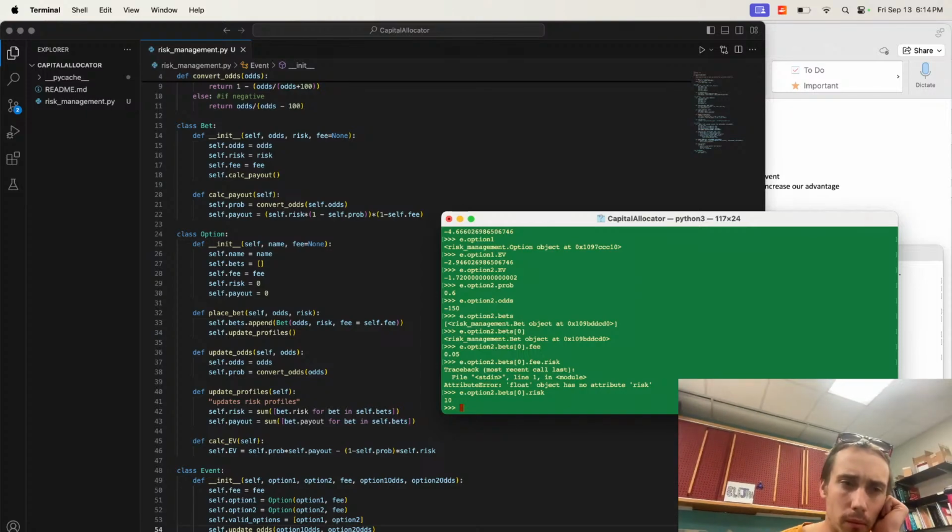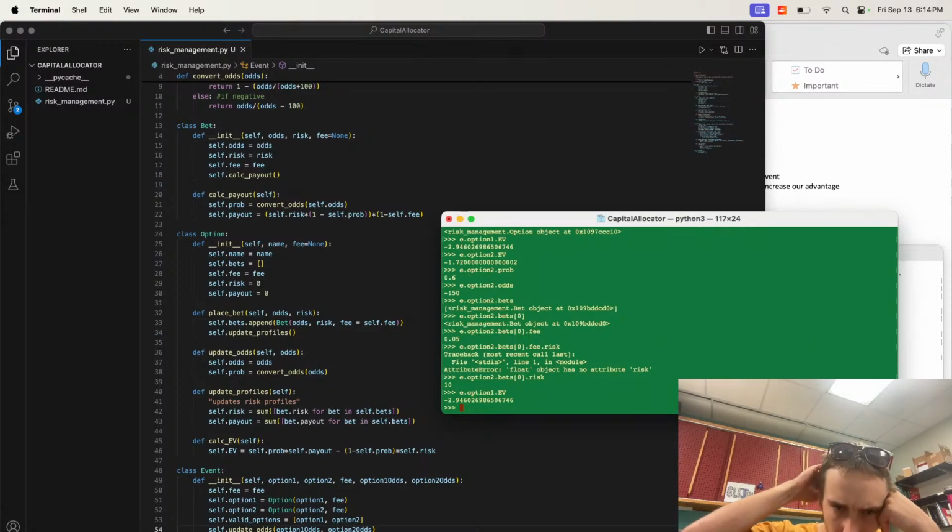So self.prob times self.payout. Just trying to figure it out. So option 1.ev. Well, that should be positive expected value, right?